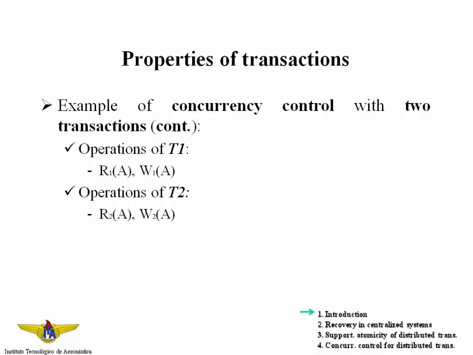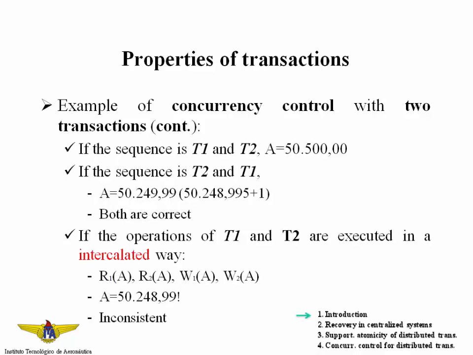Let's suppose that the sequence is T1 and T2. If the sequence is T1 and T2, first you make the deposit, then you pay the interest. Since with the deposit you have 50,000 reais, then you have to pay 1% interest. So the resulting balance will be 50,500 reais.